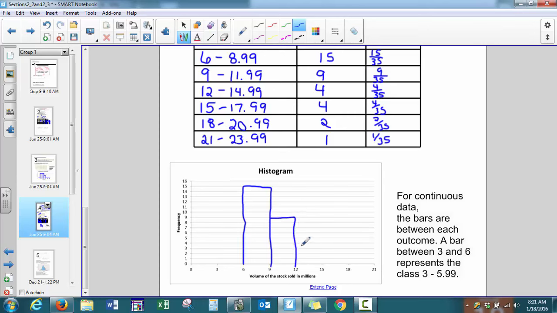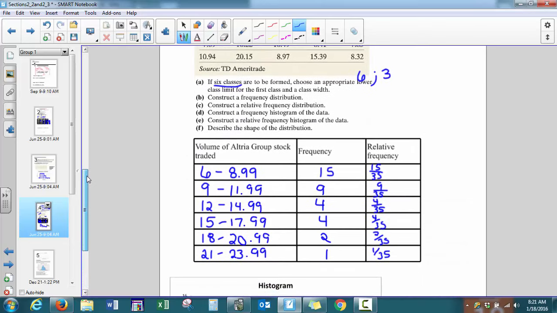Then we have from 12 to 14.99. And I'm missing a bar. So the last one should be out here to 24. So that is our frequency histogram.